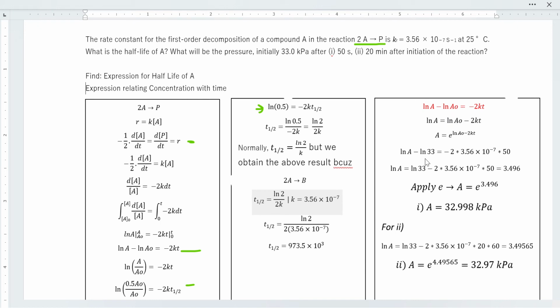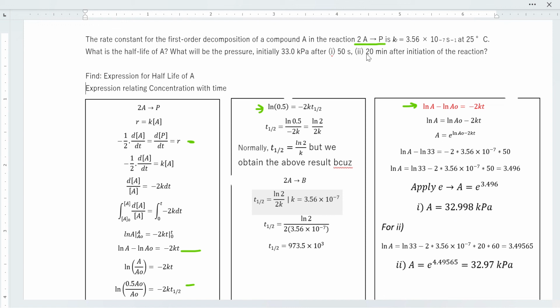This was the main equation I obtained for the concentration profile a few seconds ago. Let me make A the subject of the formula, with some algebraic juggling. In place of A naught I put 33, in place of time I place 50, and k is given in the question. This is how I obtain my answer.